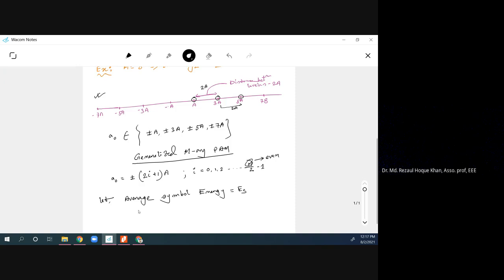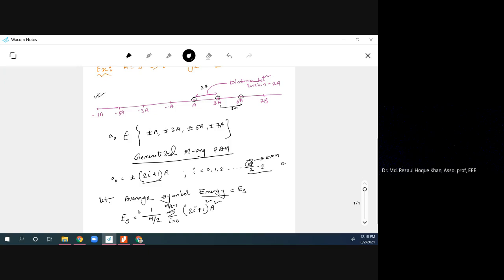So what is the average symbol energy ES? From this value we can find the average. We divide by M/2, and sum (2I+1)A squared, because we are finding energy, so it will be squared. The I value will go from 0 to M/2 minus 1.